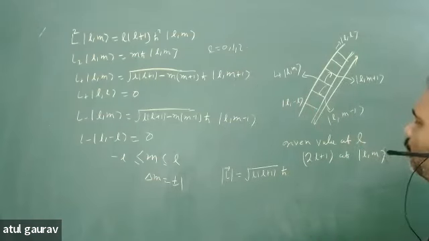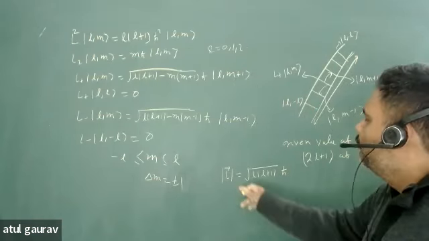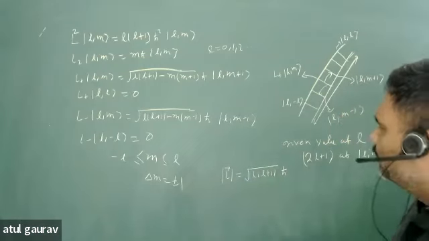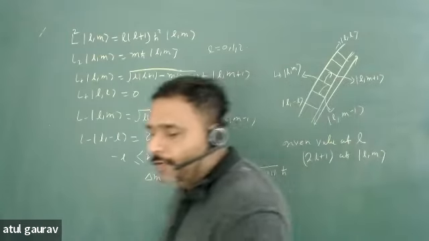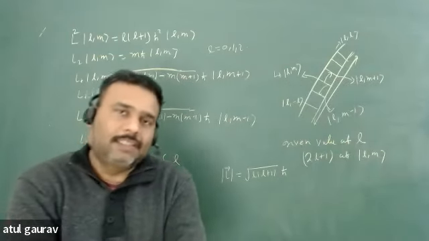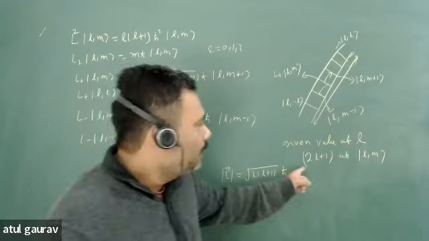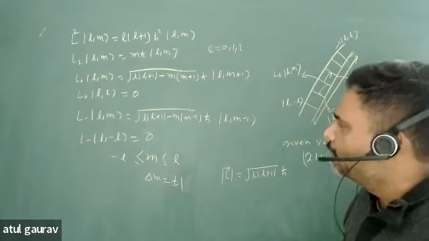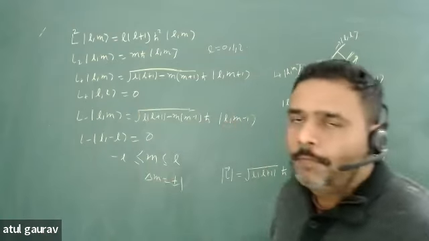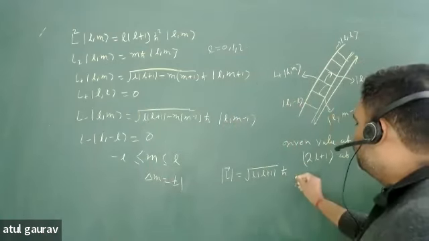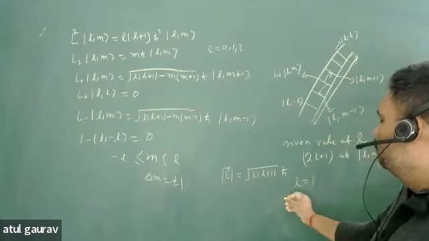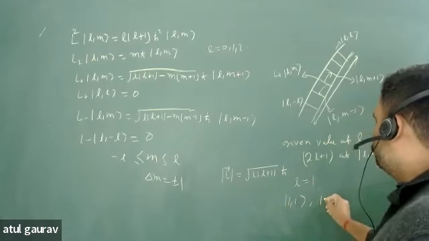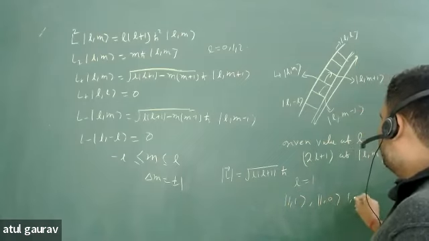But in quantum mechanics, if you are fixing the length, that means you are also fixing the number of vectors. And how many vectors can there be? There are 2L plus 1 vectors, because M will be between minus L to plus L. For example, if L is equal to 1, then what are the possible kets? 1 and 1, 1 and 0, and 1 and minus 1.